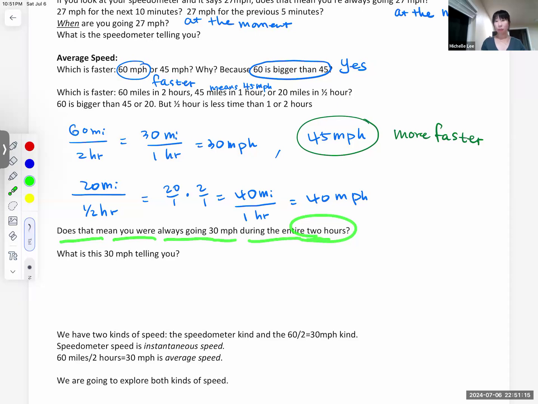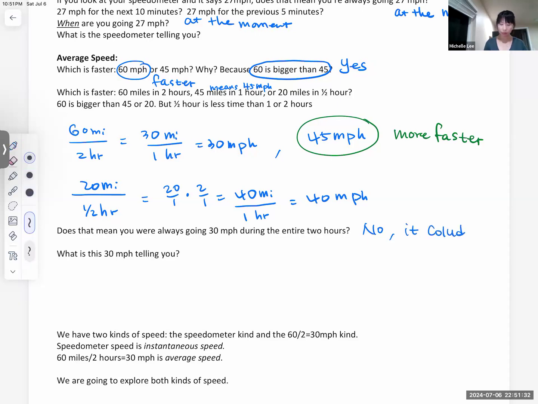No. It can go to 40 miles per hour, 45, 20, and so on.